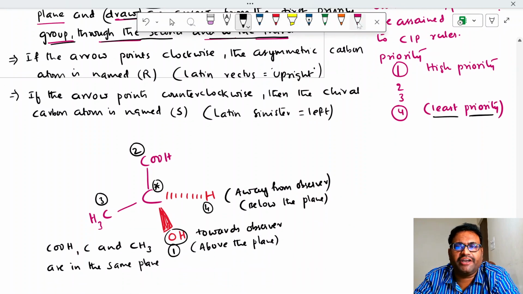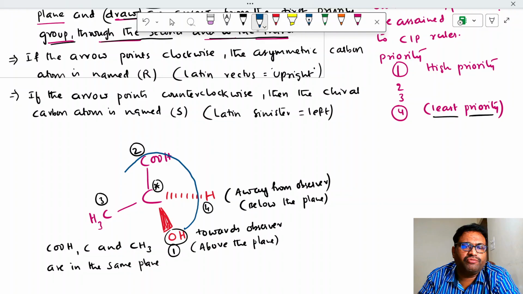Here it is, the first priority. From the first priority, I'm drawing an arrow in this way, from first to second, and then reaching third. You have to move this arrow from the first priority group to the third priority group through the second priority.